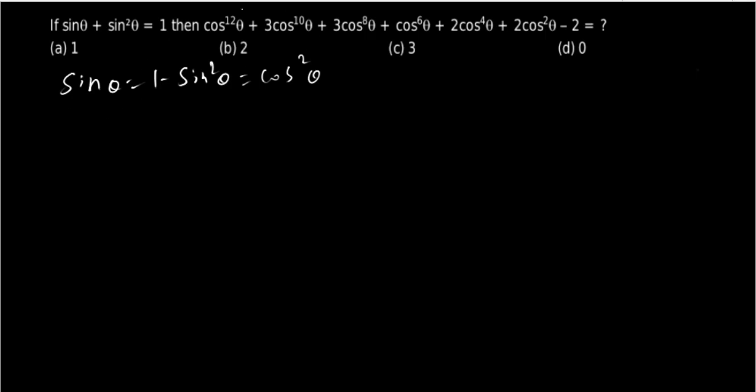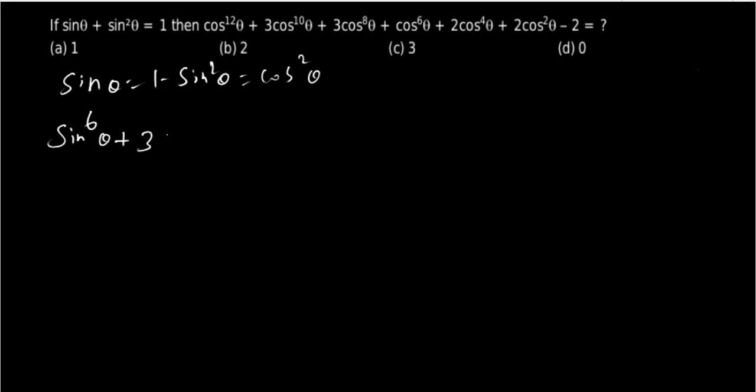So cos power 12 theta becomes sine to the power 6 theta.